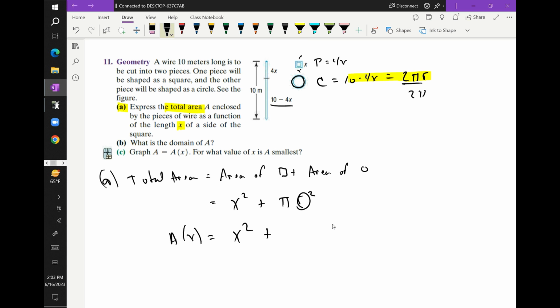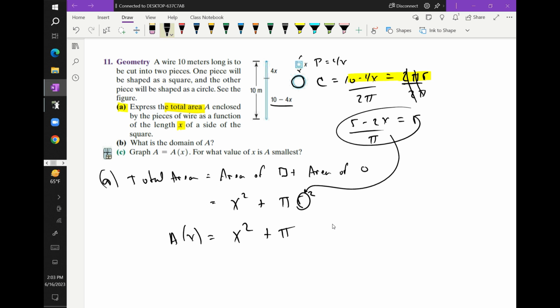So if I divide both sides by 2 pi, the 2's cancel, pi's cancel, r equals then. So I can divide everything by 2 and get 5 minus, 4 divided by 2 is 2, x, and then over pi. So there's my radius. So I'm going to replace that in here.